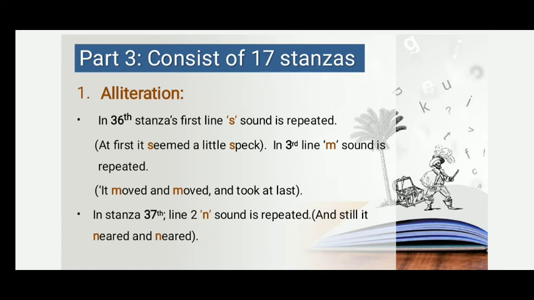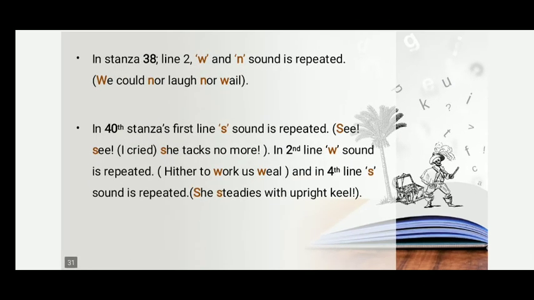Second, in the 37th stanza, line 2, the N sound is repeated: and still it neared and neared. Third, in stanza 38, line 2, the W and N sounds are repeated: we could nor laugh nor wail.